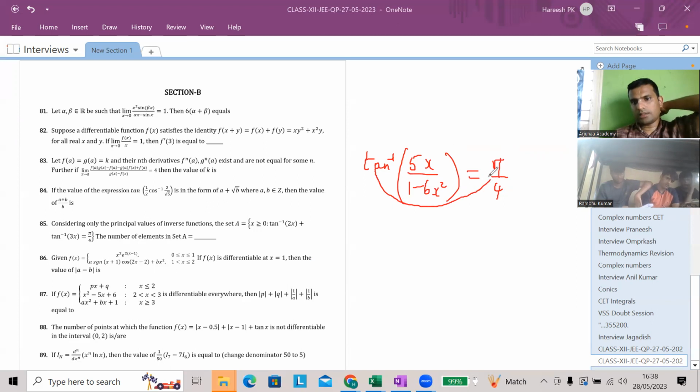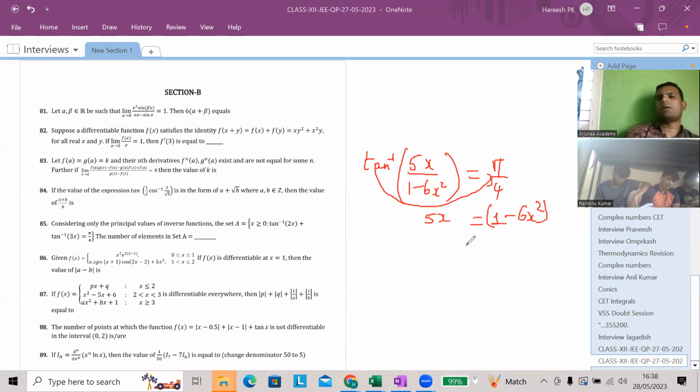Now take this here. Tan inverse on that side, what happens? Tan pi by 4, that is 1. And taking the denominator to the top, you'll get a quadratic equation.